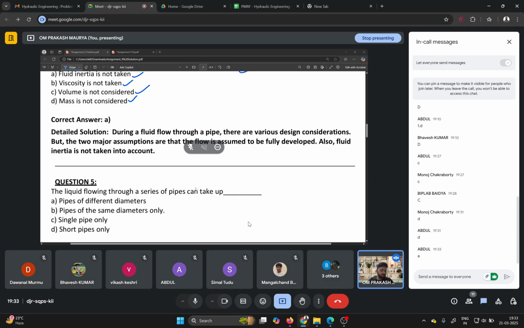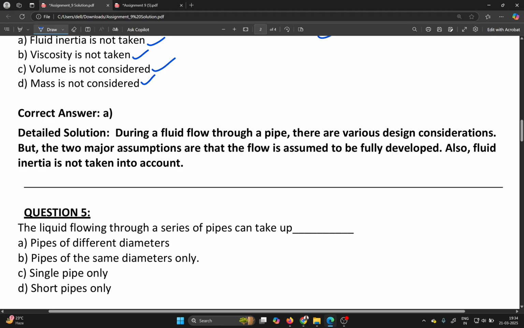Okay, let us discuss. So here the next question is: the liquid flowing through a series of pipes can be taken up. Pipe of different diameters, pipe of same diameters only, single pipe only, short pipe only. Which option will be correct?